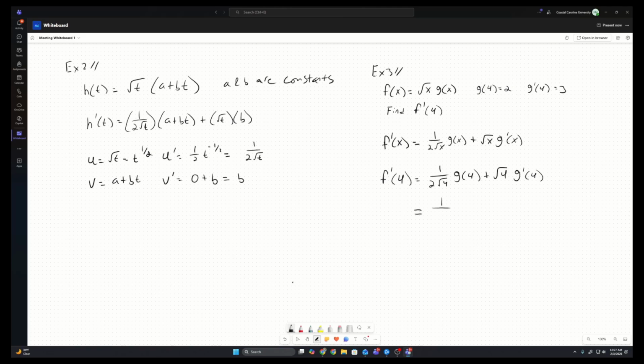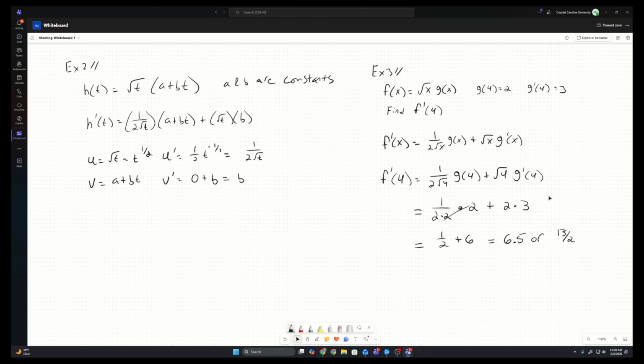It'll be 1 over 2 times 2 times 2, plus 2 times 3. We can cancel these 2's out. So we get 1/2 plus 6. So the final answer would just be 6.5. Or if you want to feel fancy, 13/2. Although if you want to be fancy schmancy and use a fraction, the 13/2 is also adequate.